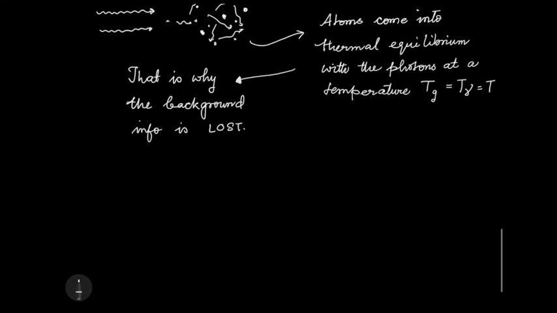Now, if the photon has come to a thermal equilibrium at a temperature T, you know that in thermodynamics we have laws by Kirchhoff which tell us what the intensity of the radiation is supposed to be. So let me write down Kirchhoff's first law.